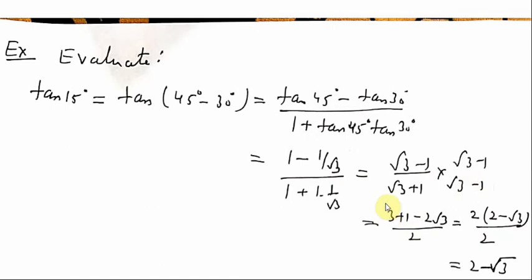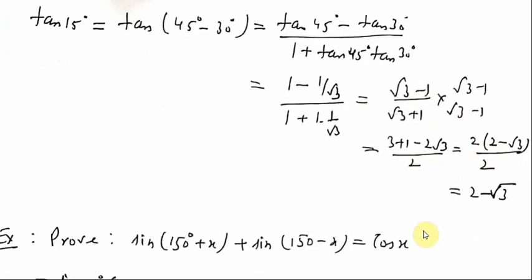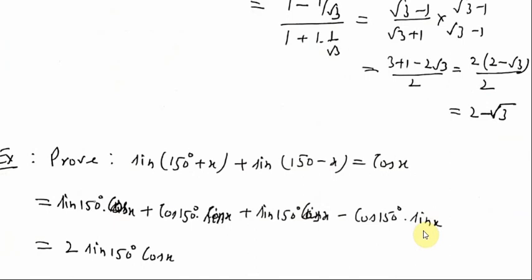In the numerator we get 3 plus 1 minus 2 root 3, and in the denominator this is the form (a plus b)(a minus b), which is a square minus b square, so 3 minus 1, that is 2, comes here. Now take 2 common in the numerator: 2 (2 minus root 3) upon 2. So 2 cancels. We have 2 minus root 3 as our final answer.